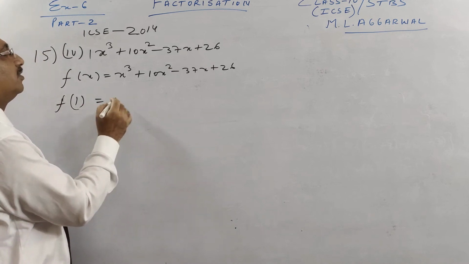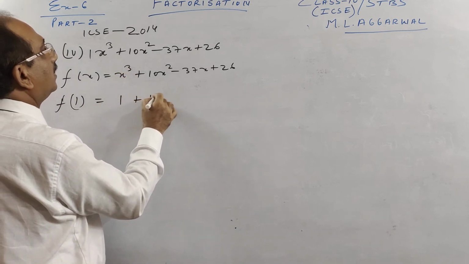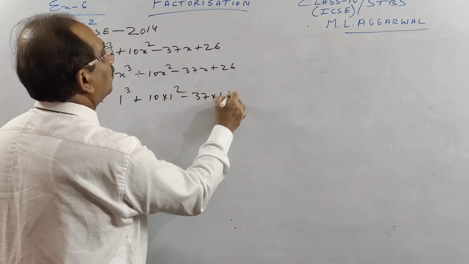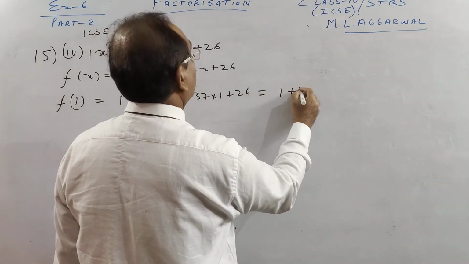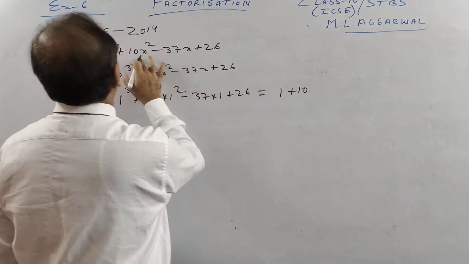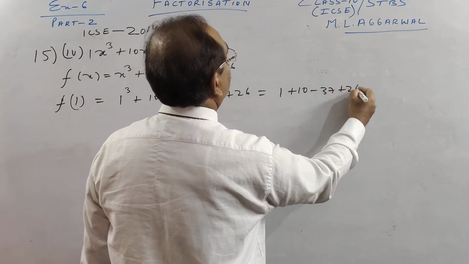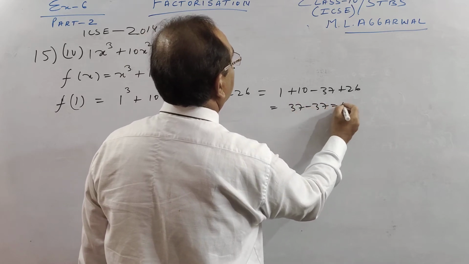That means f1 will give you 0. So let us put, I'll show you, 1 plus 10 into 1 square minus 37 into 1. So multiplying with 1, the value of a thing is only the coefficient you will see. So this is how I taught you. So once you see, children, this is 37 minus 37 is 0.